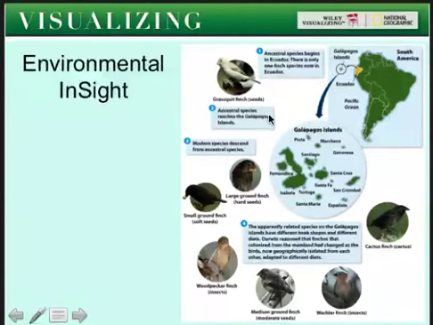The ancestral species reached the Galapagos quite some time before Darwin arrived, and modern species descended from those ancestral species. Some of the examples of physical adaptations and physiological adaptations included changes in behavior and changes in the types of beaks on these finches that were adapted to the food sources that were available on each of these individual islands.